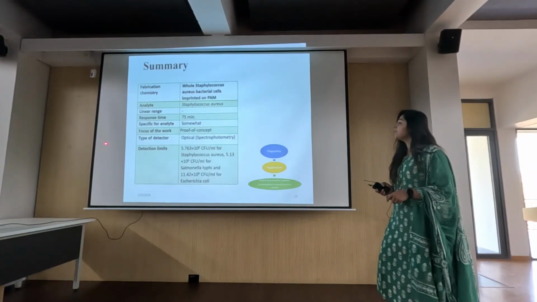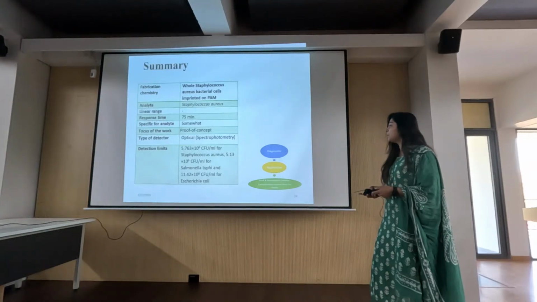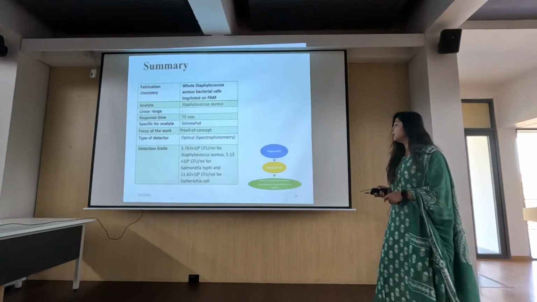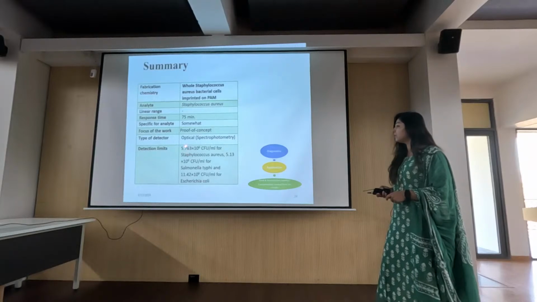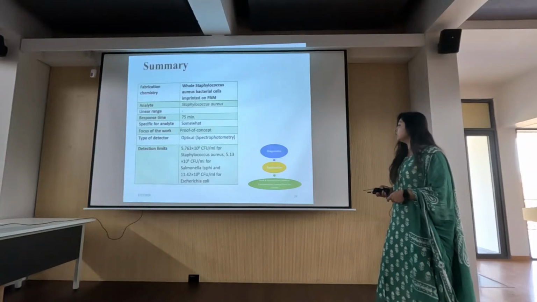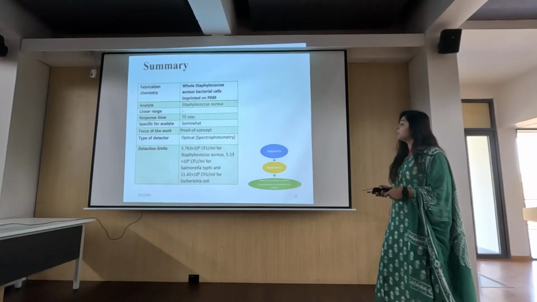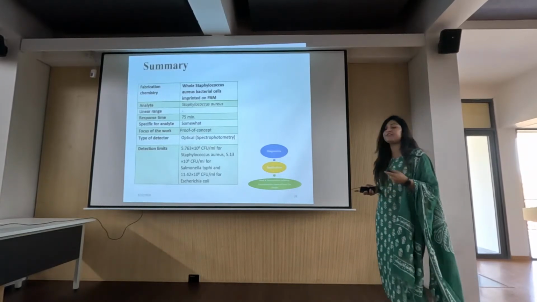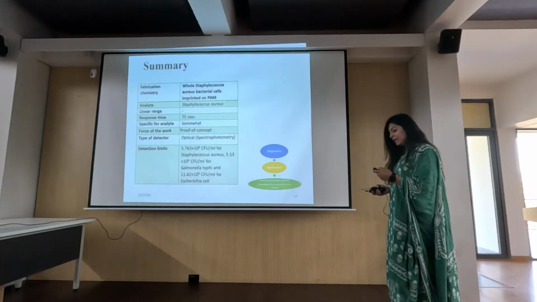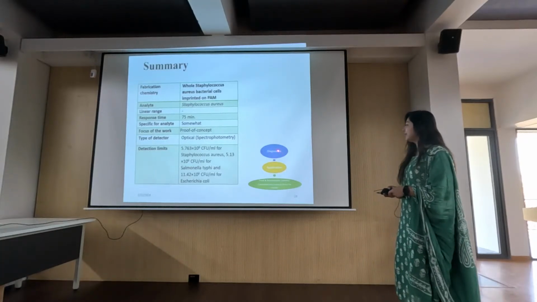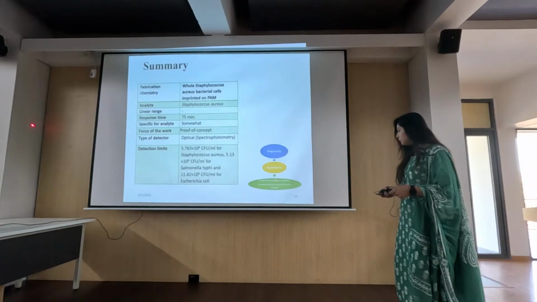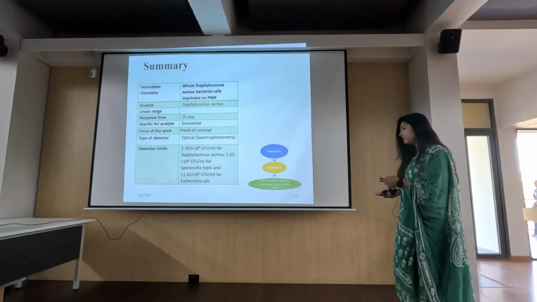Type of detector was a spectrophotometer, so obviously it is optical. Detection limit we found was 5.763, 5.13 and 11.42 × 10⁶ CFU per ml respectively for S. aureus, S. typhi and E. coli. Intended applications may be diagnostics and removal of contaminants in the food industry.